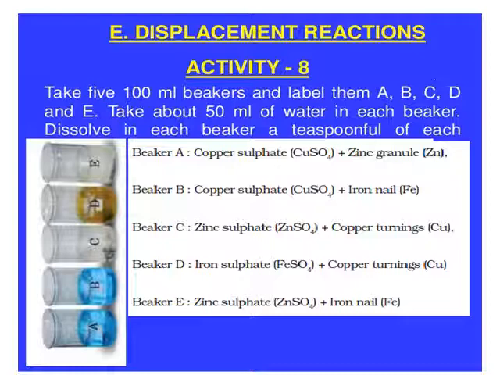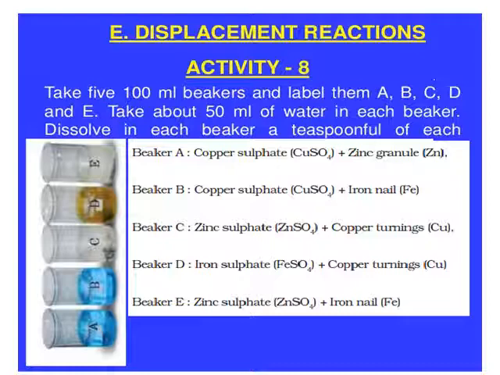So what should be added in beaker A? It is given in the slide. In beaker A, copper sulfate and zinc granules. Both are taken, and they have to be dissolved in beaker A. Similarly, in beaker B, copper sulfate and iron nail are to be dissolved.